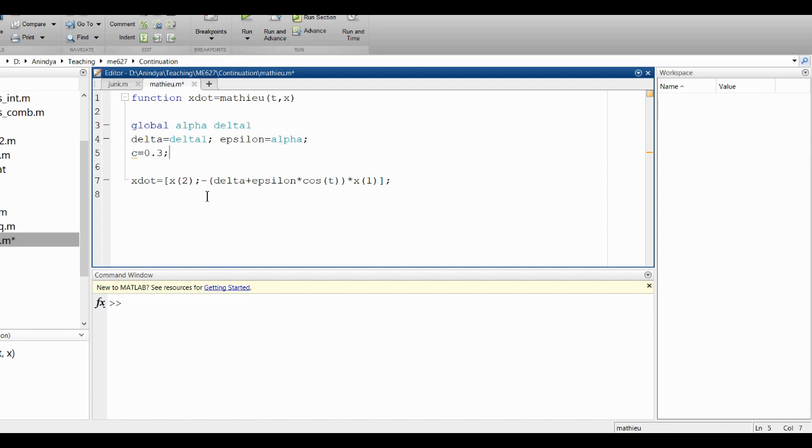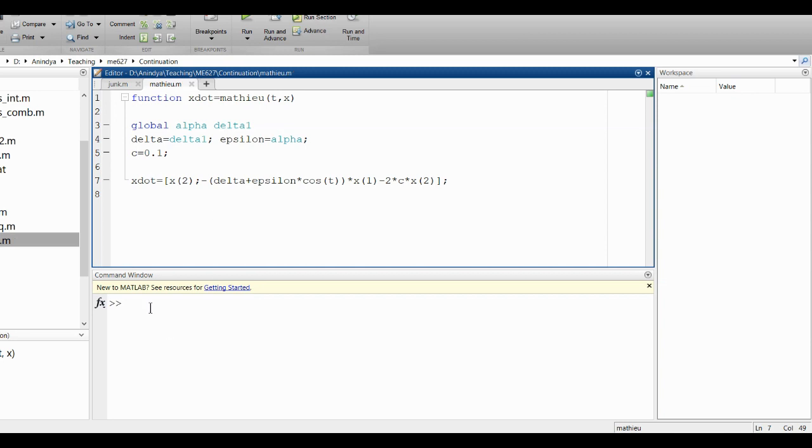So over here I will put minus 2 times c times x of 2. So this is the damped Mathieu equation. I will be setting the parameters delta and epsilon from outside, but other than that, this is the damped Mathieu equation. There's no problem.